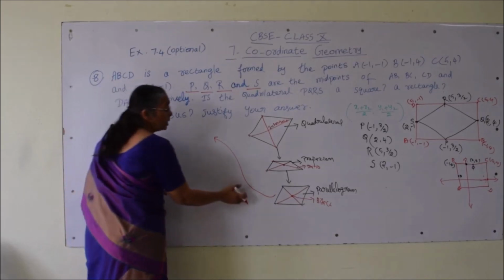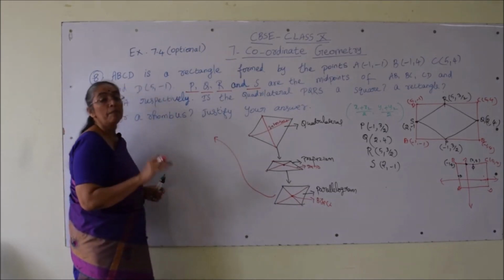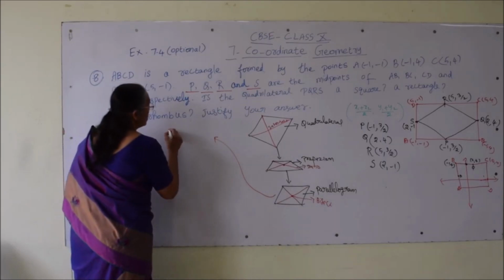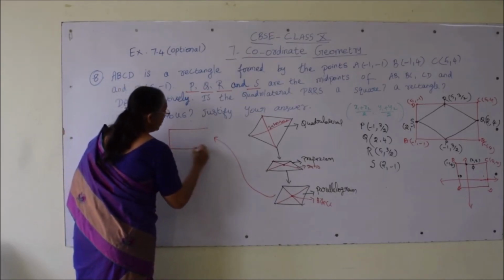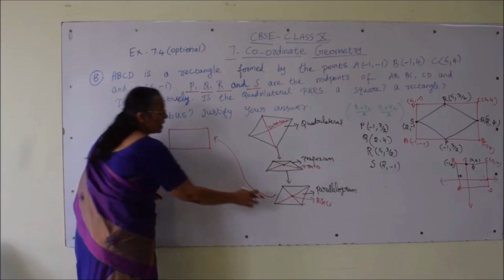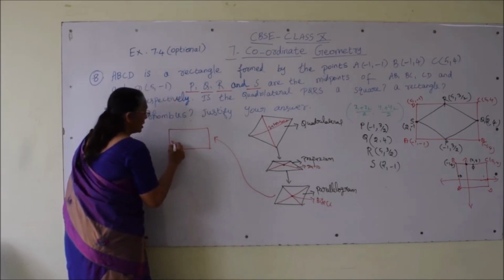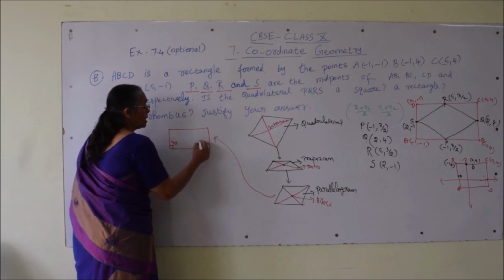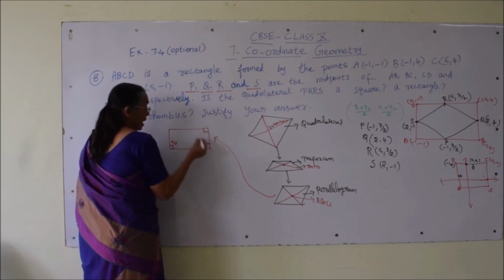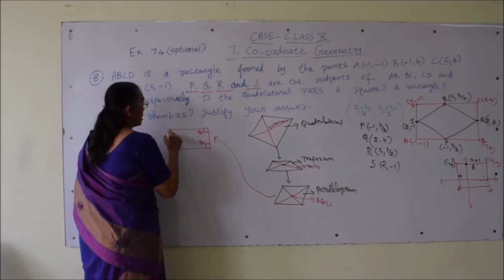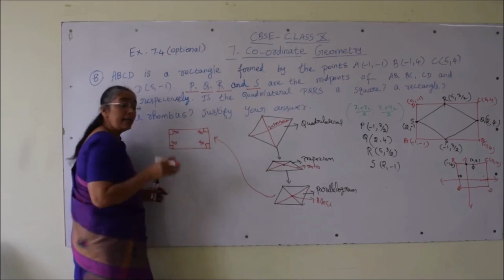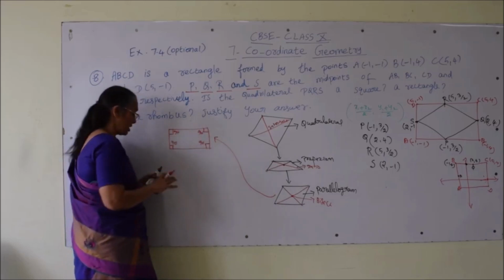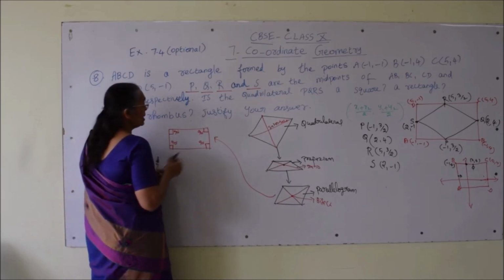But this parallelogram will change into a rectangle if each angle is 90 degrees. If one angle I make 90, the other, because of supplementary, should also become 90, and again opposite angles are equal, 90. But the opposite sides are equal, adjacent sides are not equal. Now coming to the diagonal property.